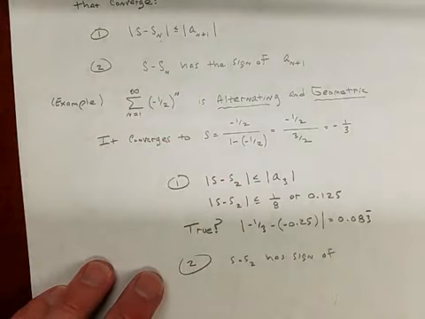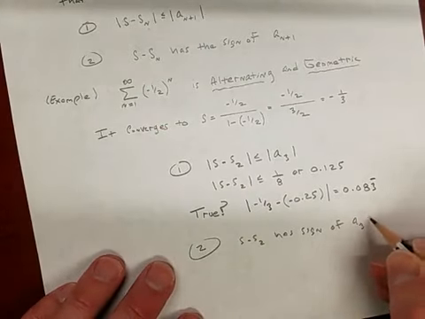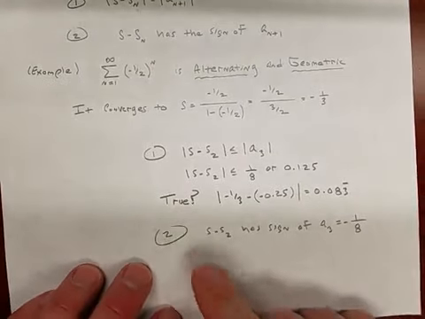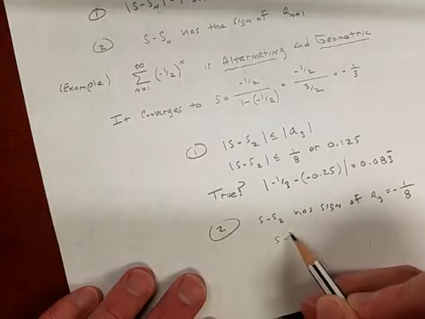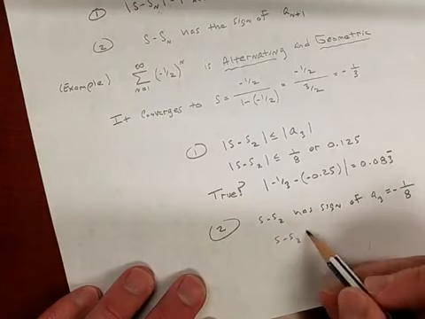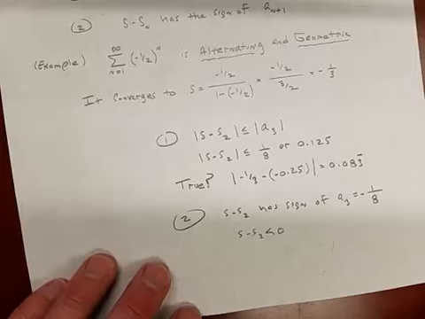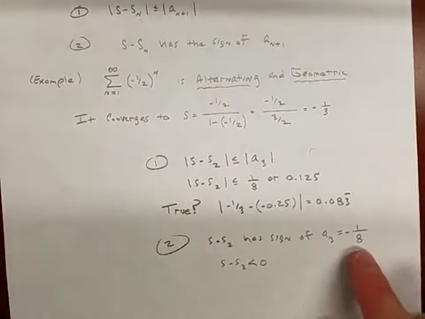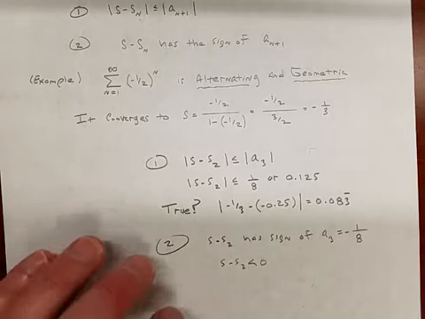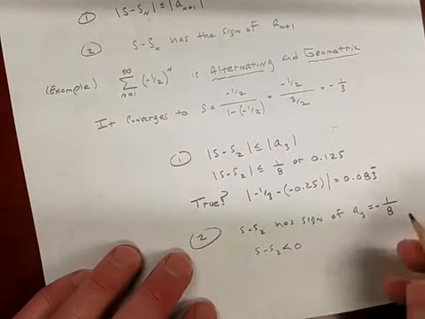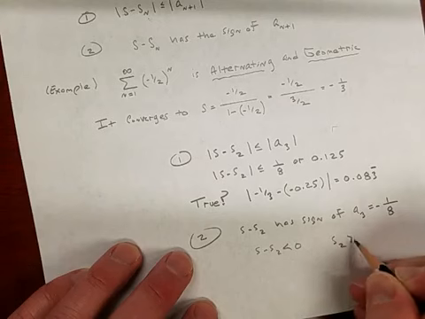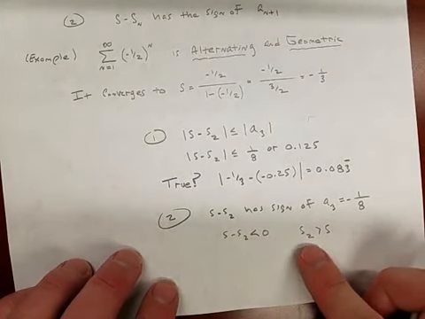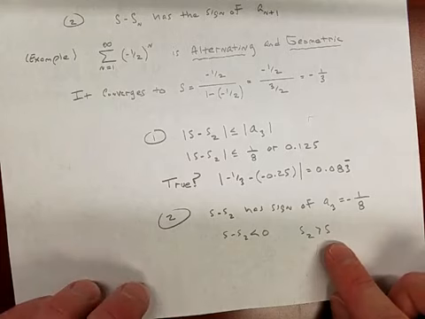Negative 1 over 8. So in other words, S minus S2 is negative. If S minus S2 has the sign of the third term, that's negative, that just means it's less than 0. Another way to say that is S2 is bigger than S. The second partial sum is bigger than the sum.